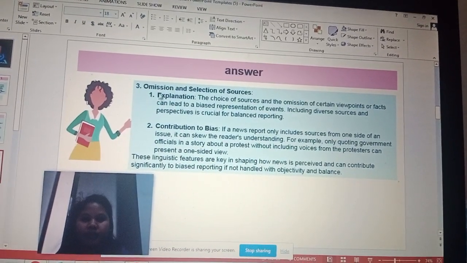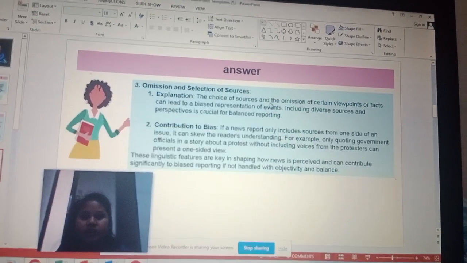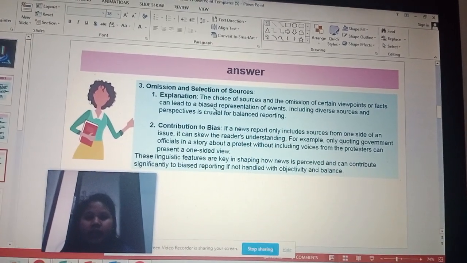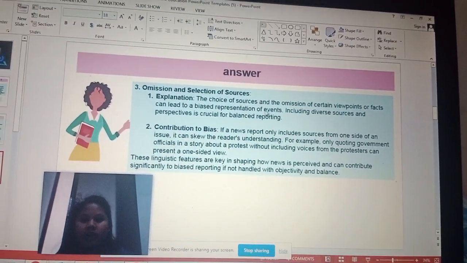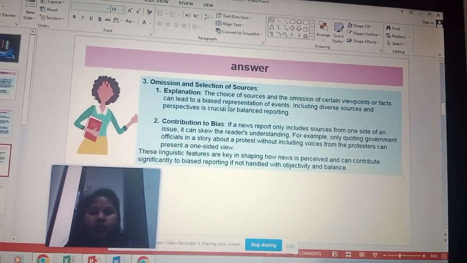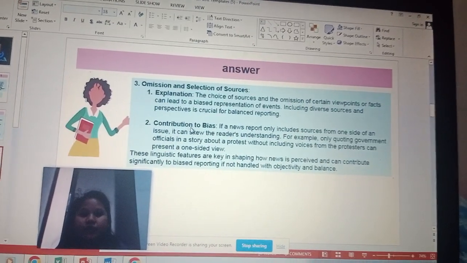Number 3, omission and selection of sources. Explanation: the choices made in selecting and omitting certain viewpoints or facts can lead to a biased representation of an event. Including diverse sources and perspectives is crucial for balanced reporting.